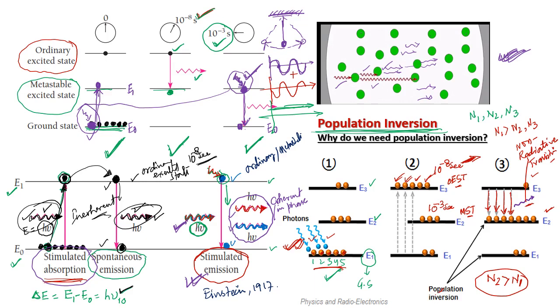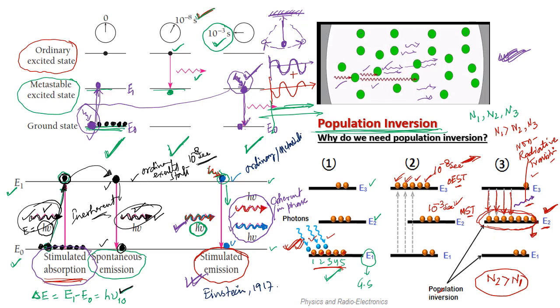Spontaneously, these atoms in the upper excited state come down to the metastable state. Since the lifetime of the metastable state is 10 to the minus 3 seconds, the atoms naturally spend more time in the metastable state before coming to the ground state.